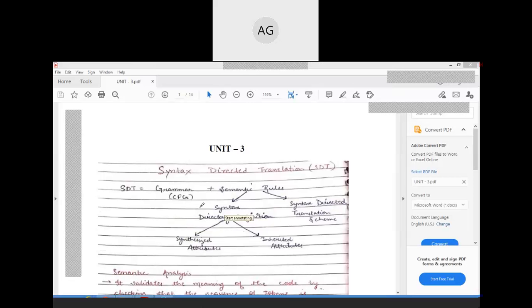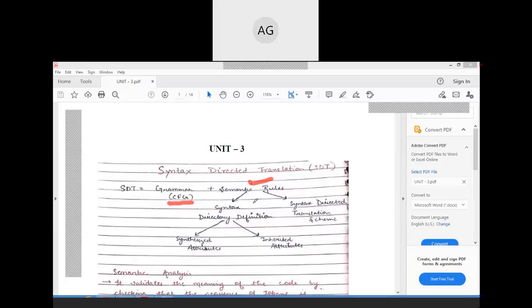Syntax directed translation, abbreviated as SDT, is the combination of CFG and the semantic rules. CFG, as we already studied in Unit 2 and also in the theory of computation subject. Now here semantic rules are new in this unit.